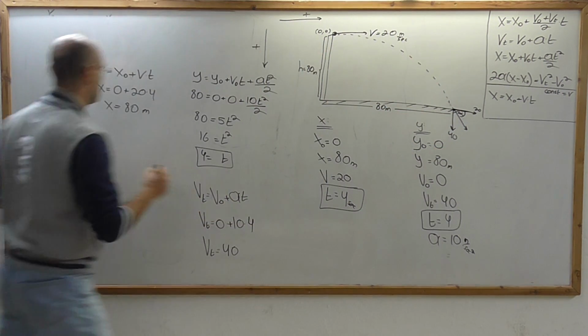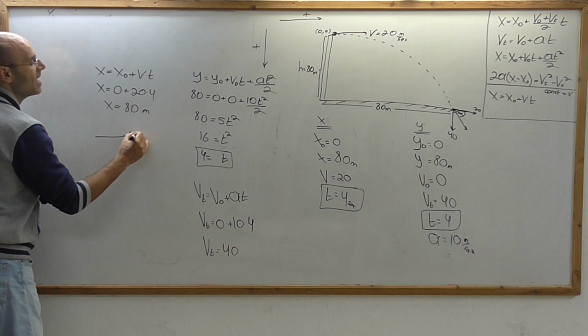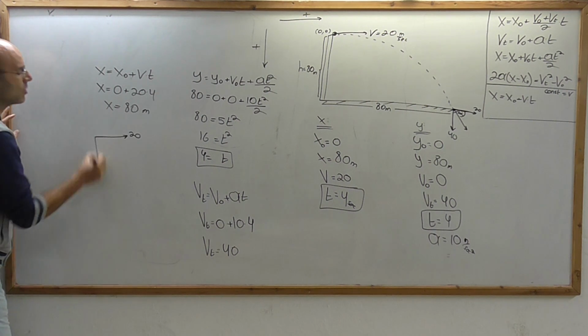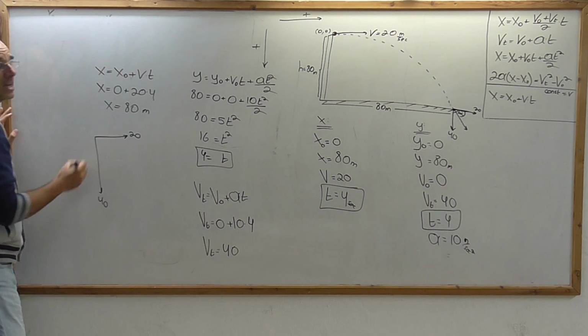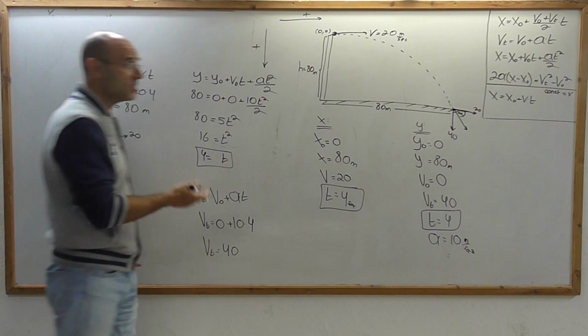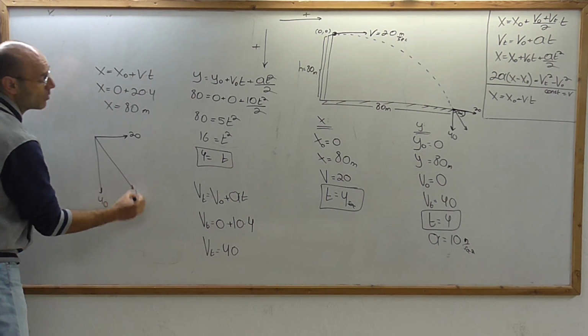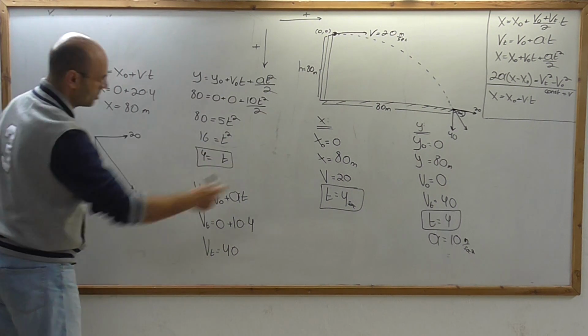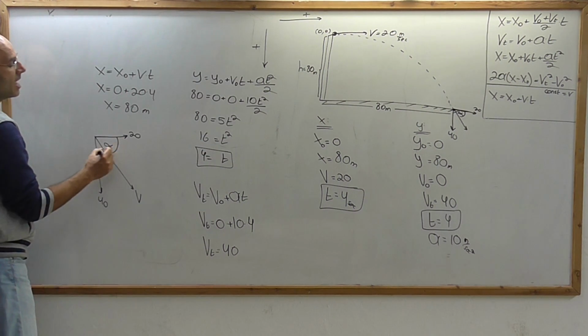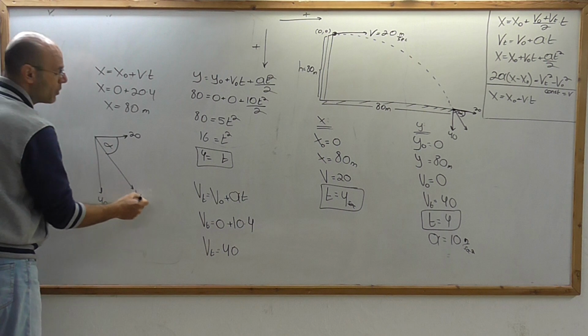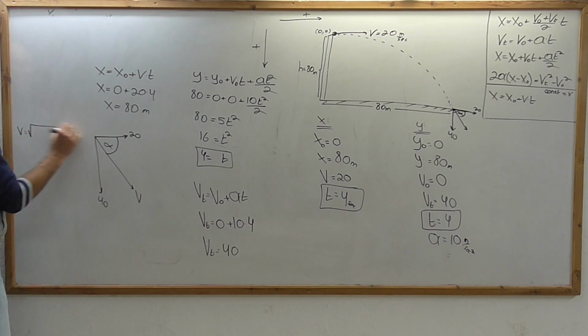So if I know in the x-axis I have 20 and the y-axis I have 40, I need to find the resultant velocity, or the total velocity. So it must be somewhere here, as we see there, and the alpha is always with the x-axis. If we want to find the v, I remind you, it's the square root of 20 squared plus 40 squared.